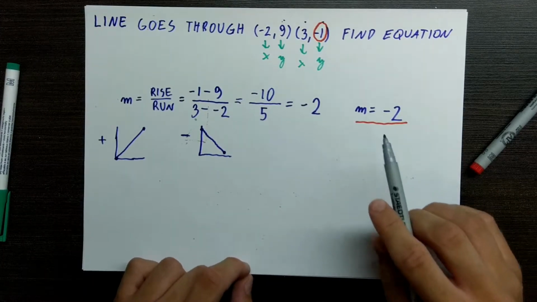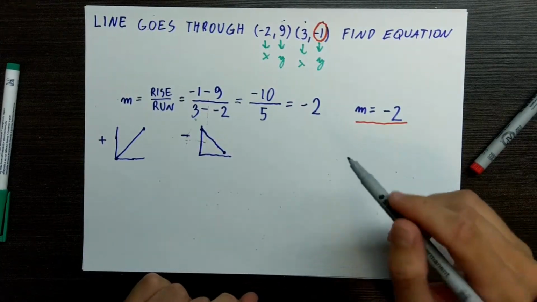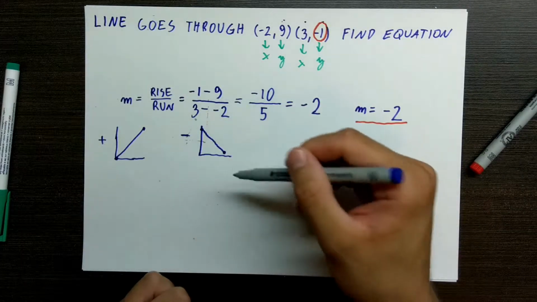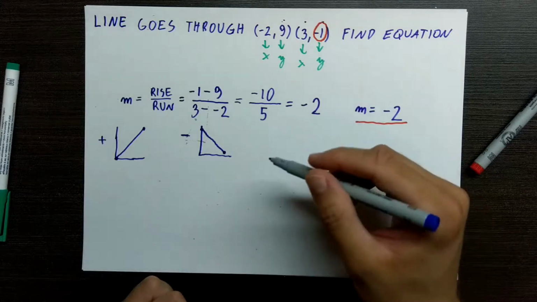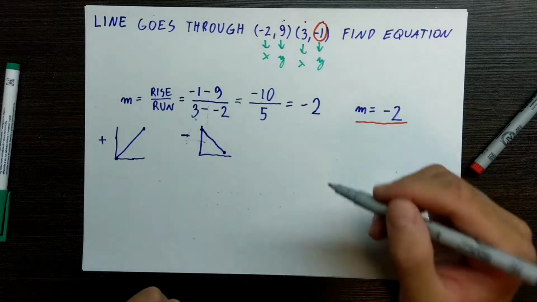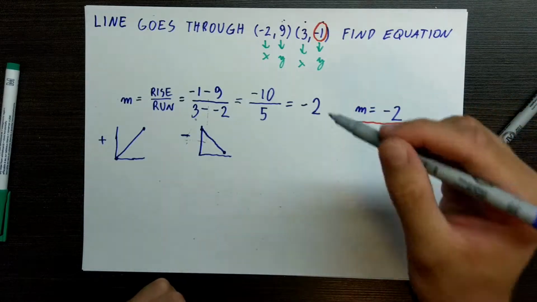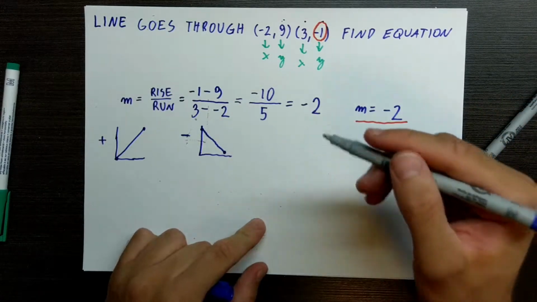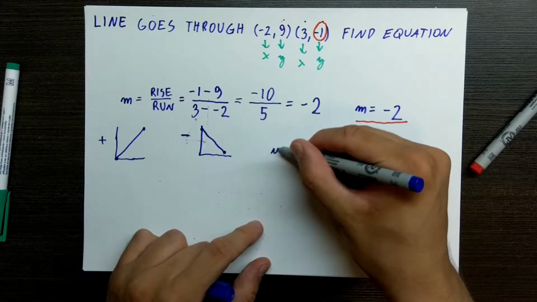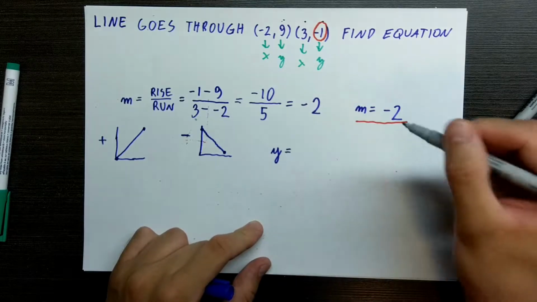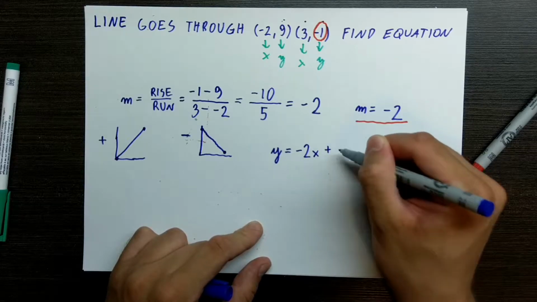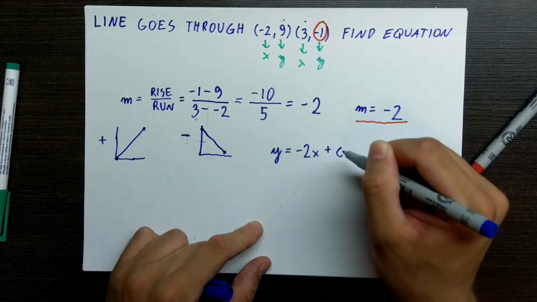Now, that's for the gradient, but now we also need to figure out a c value, and we cannot see this. We do not have a graph to see where the line is going to cross the y-axis. So how on earth do we figure this out? Well, we plug everything back into the equation. So let's have a think. So far, we have this equation: y is equal to -2x plus c, because we do not know c yet.